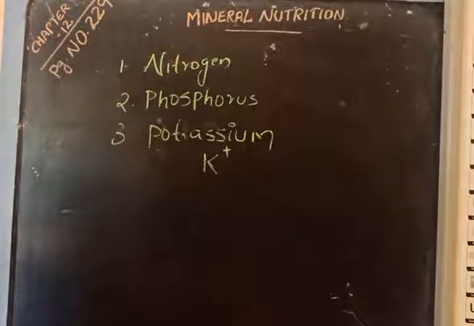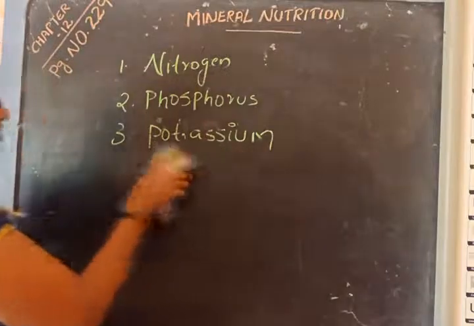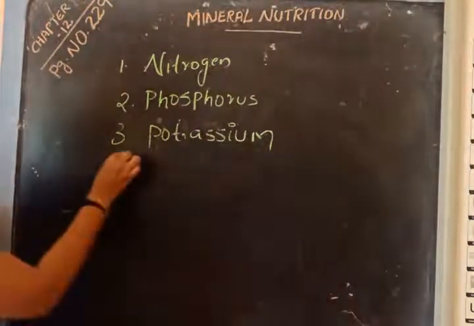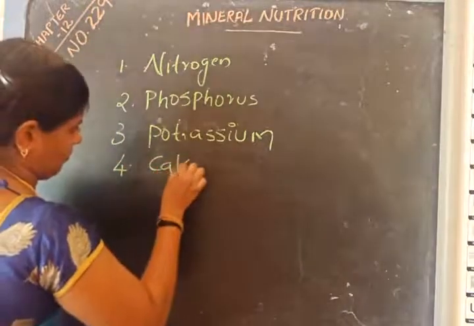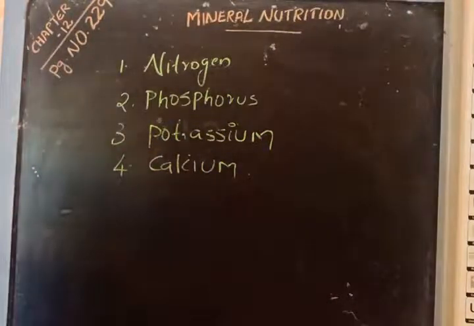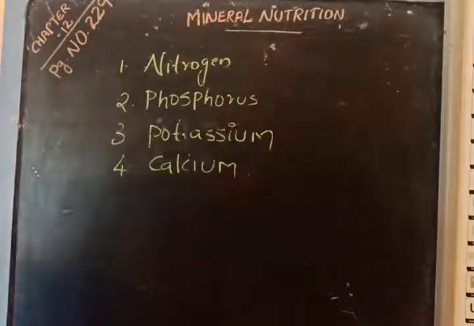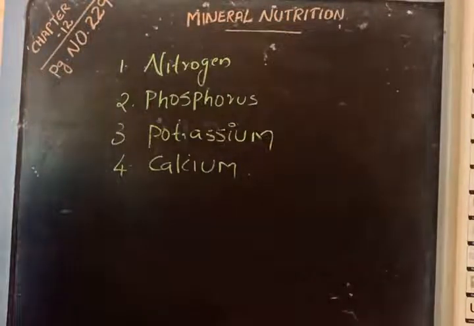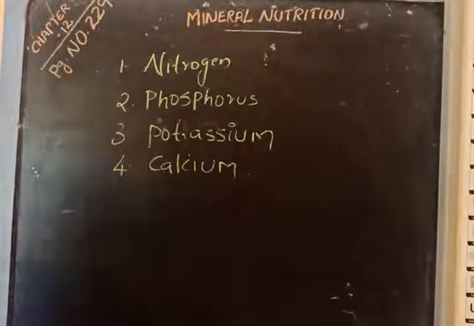Now we are going to look at another macronutrient, calcium. Calcium is involved in the synthesis of calcium pectate in the middle lamella, mitotic spindle formation, mitotic cell division, permeability of the cell membrane, lipid metabolism, and activity of the enzymes phospholipase, ATPase, amylase, and it is also an activator of adenyl kinase.